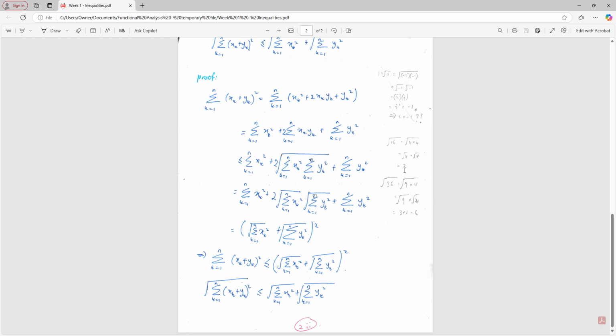For example, if we have the square root of 16, we can change it into the square root of 4 multiplied by 4. I'm sure that this 4 is positive and this 4 is also positive, and this is actually 4, right? 2 multiplied by 2 is wrong here.